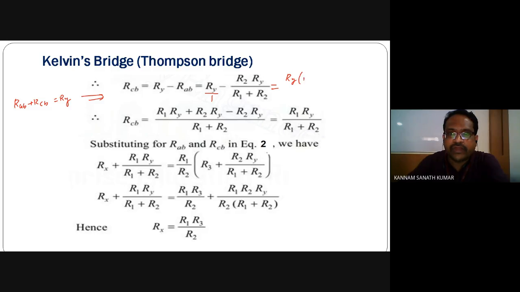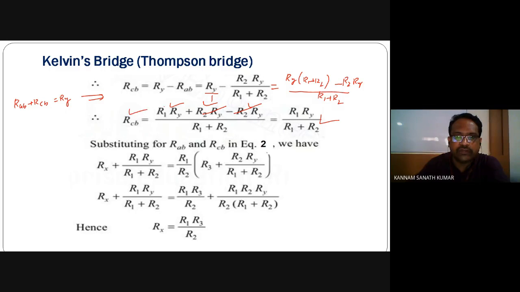Ry into R1 plus R2, minus R2 Ry, divided by R1 plus R2. If you multiply, you get R1 Ry plus R2 Ry minus R2 Ry. So R2 Ry and R2 Ry get cancelled. What you are getting is R1 Ry by R1 plus R2. So this is nothing but RCB. RCB equal to R1 Ry by R1 plus R2.